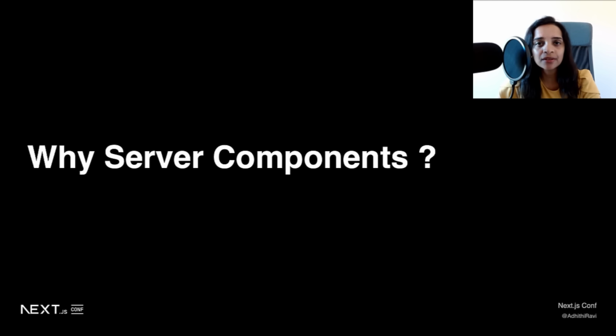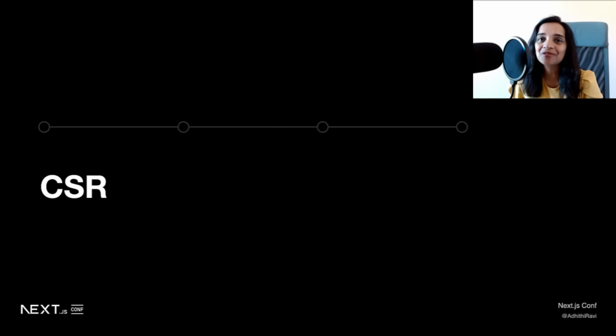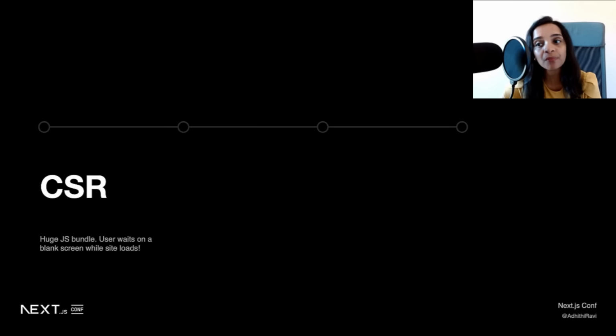To understand this, we need to understand the timeline of events that have taken place. First, we had the client-side rendered applications with React. This was the go-to way, and there was no other way to render your React applications. In client-side rendering with React, the browser downloads a minimal HTML page and the JavaScript that's needed for the page.